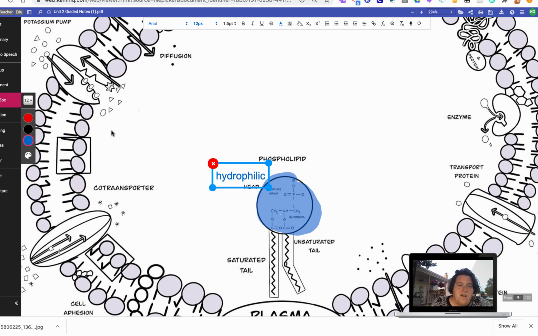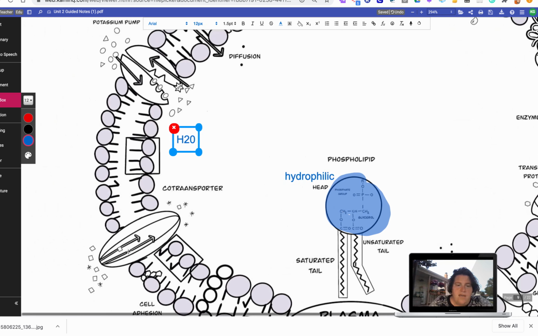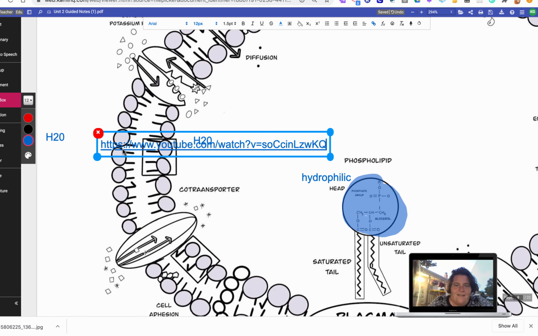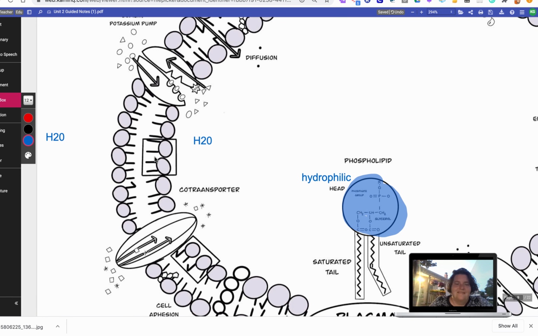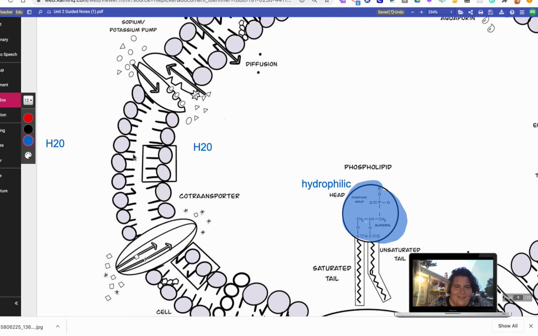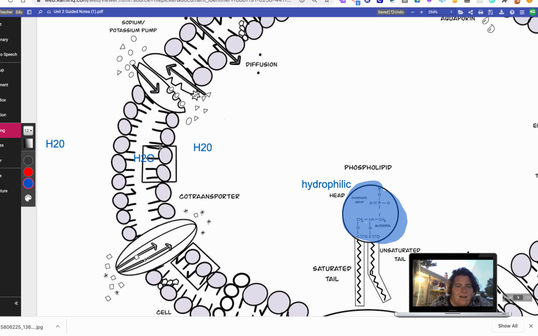So we'll find lots of water here, H2O, and we'll find lots of water right here, H2O. But if I try to put H2O here, it'll pop back out.